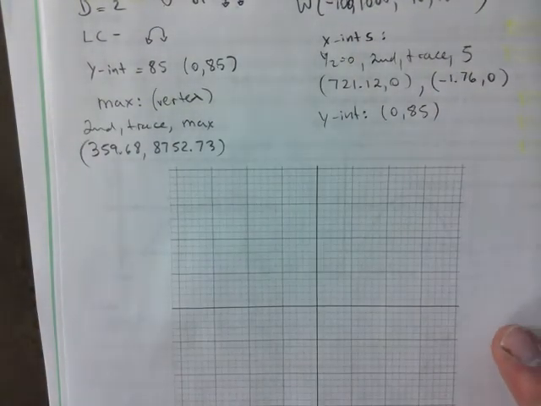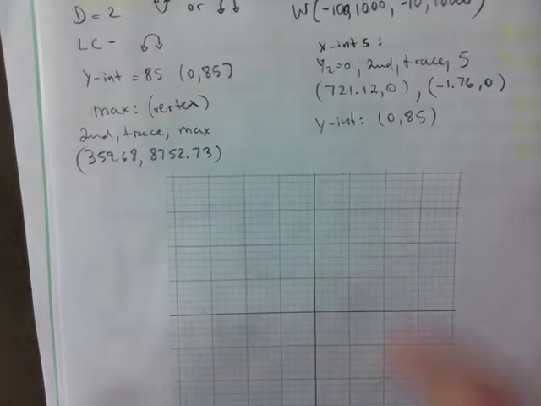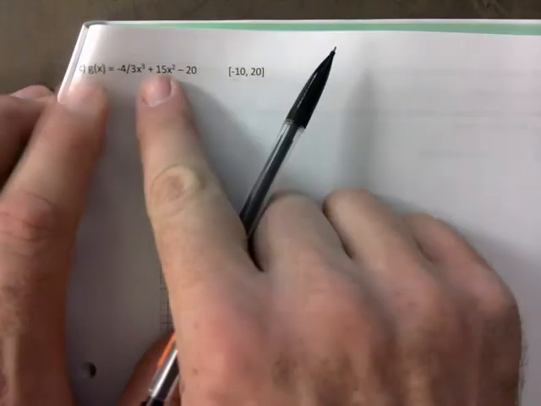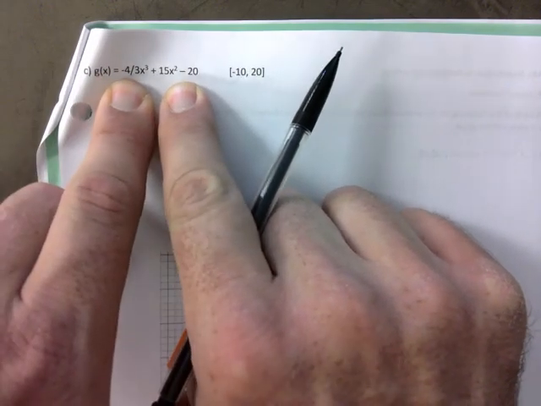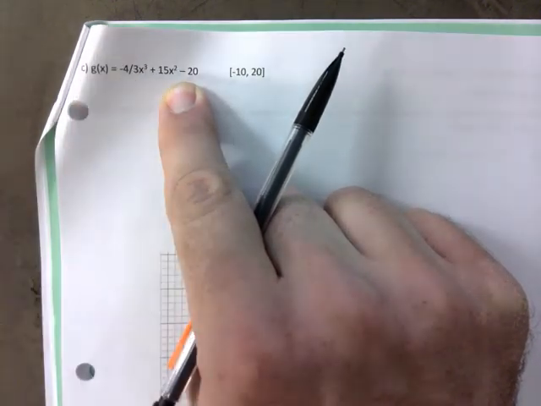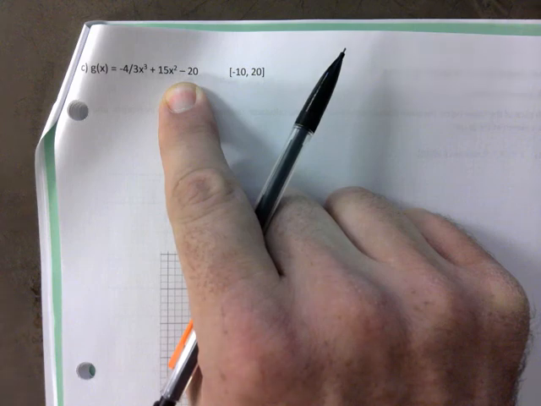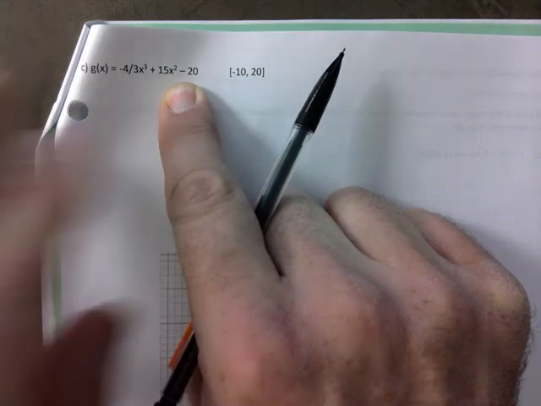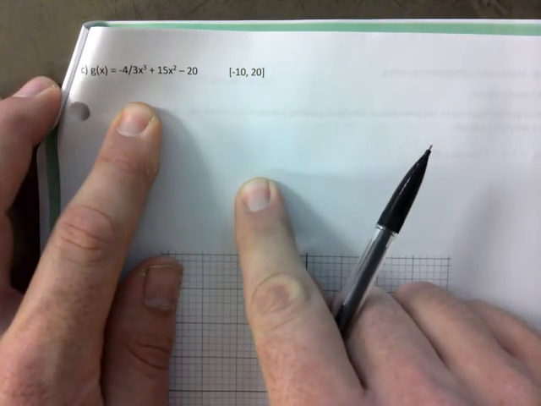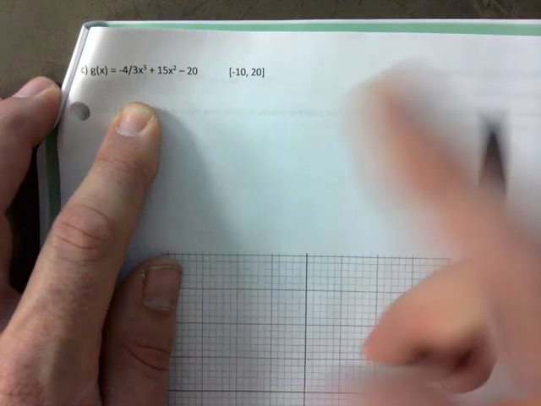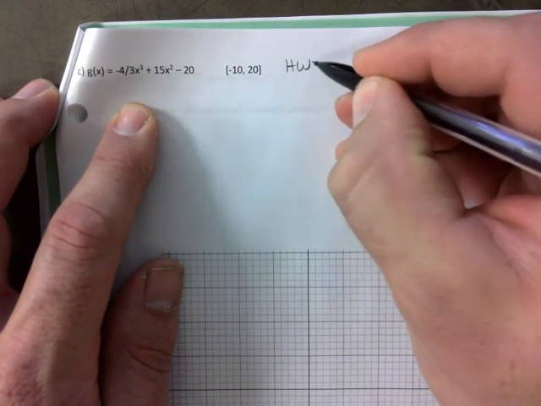What I want you to do is I want you to do the same thing. I want you to find, put this in your calculator, find all the dips, the turns, and the valleys, and the peaks, the intercepts, everything, so we can graph this together tomorrow. Okay? So this is your homework.